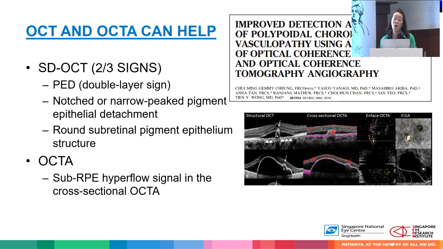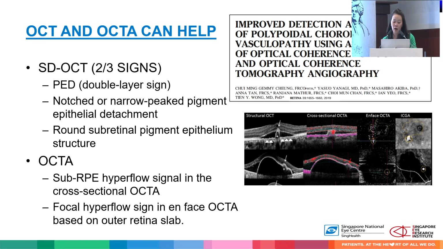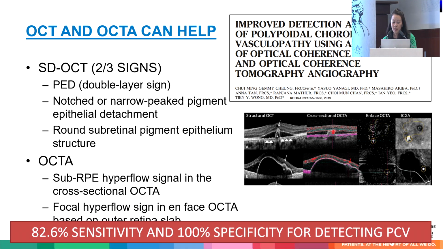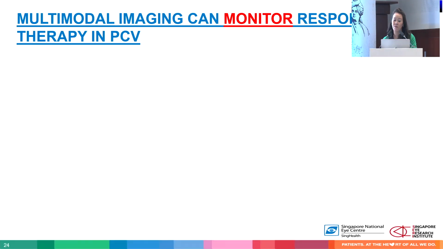It may or may not always translate to the en face OCTA, but that depends on your algorithm. So you can see this actually achieves an 82.6% sensitivity and 100% specificity for detecting PCV. So together, these two modalities are the way forward for non-invasive imaging.